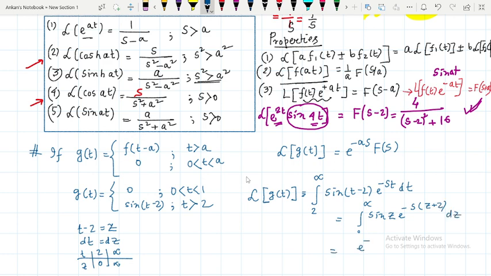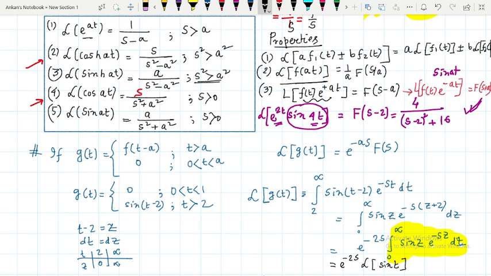So e to the power minus 2s comes out, and the integral from 0 to infinity of sine z e to the power minus sz dz remains. This is like the integral of e to the power minus st sine t dt, which is the Laplace transform of sine. So you can easily write it as e to the power minus 2s times the Laplace transform of sine t.